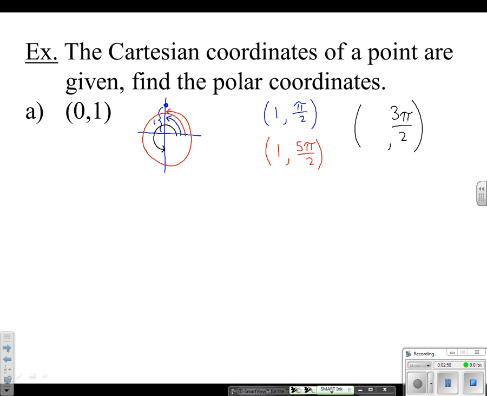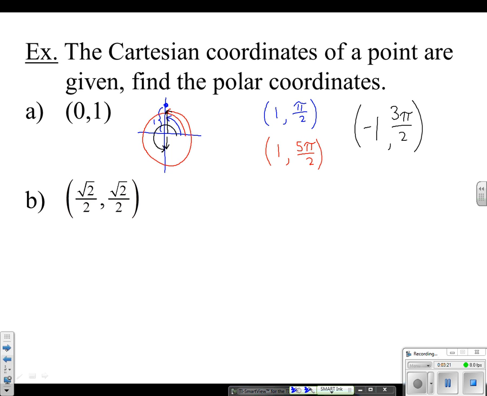So even though I'm down here at 3 pi over 2, I'm going to go in the opposite direction. And so my radius would be -1. All three of these polar coordinates represent the same point with the Cartesian coordinates 0, 1.